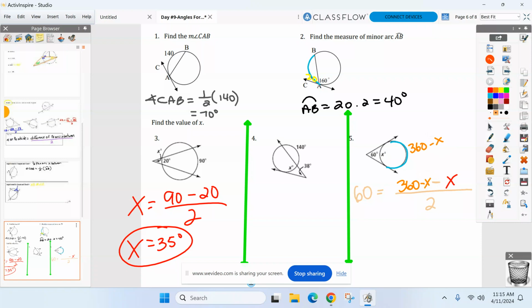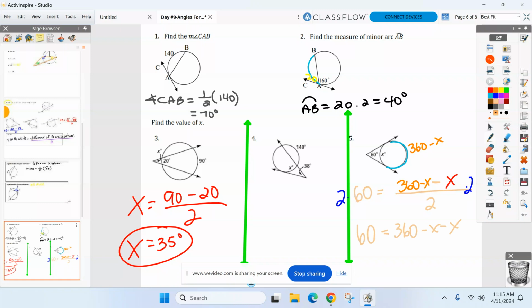So bigger arc, 360 minus x, minus the smaller one, x. And we did this yesterday, but just a reminder, how am I getting the 2 out of there? Multiply by 2, good talk. Yep, multiply by 2, and then you guys can finish it. I'll ask somebody the answer here in a second.